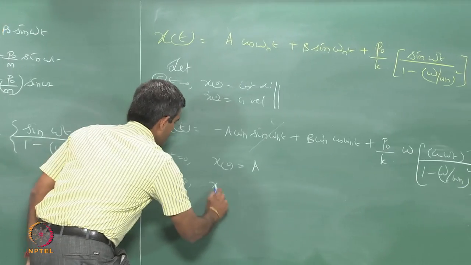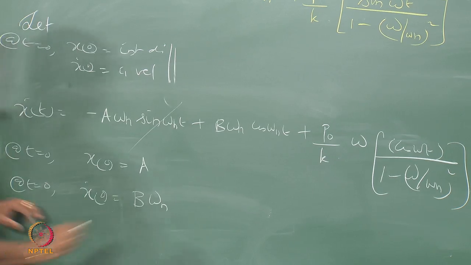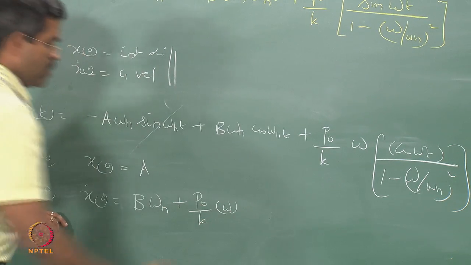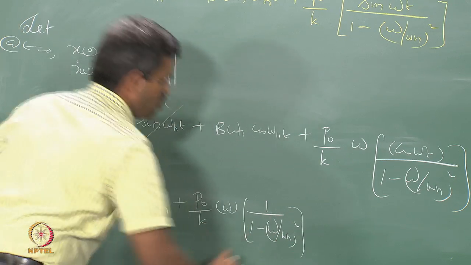So, it will become x dot 0 as B omega n plus P naught by k omega by 1 minus omega by omega n the whole square.